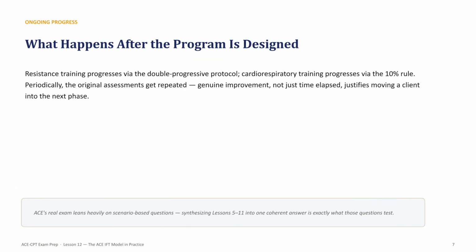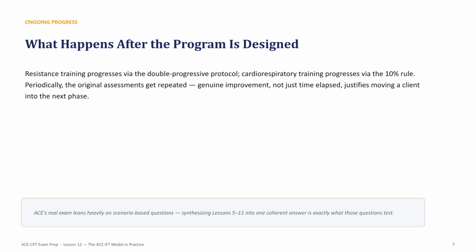Designing the program isn't the finish line, it's just the starting point. Let's look at what comes next. Resistance training progresses using the double progressive protocol, which you covered in earlier lessons. Cardiorespiratory training progresses using the 10% rule, gradually increasing volume without overloading the client too quickly. And periodically, the original assessments get repeated.